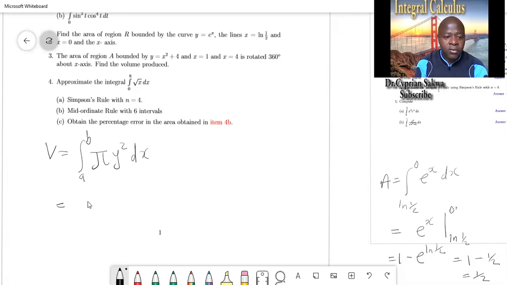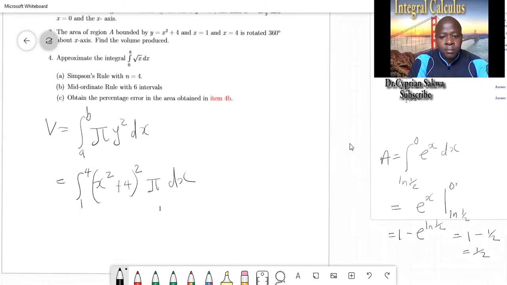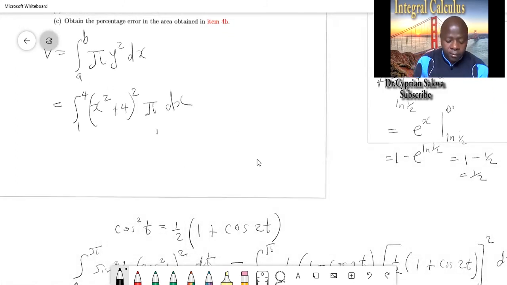Our limits are 1 to 4, so we're integrating from 1 to 4, of (x squared plus 4) squared. Let's not forget pi and the dx. So when you do this, let's just expand that, and we are integrating from 1 to 4.